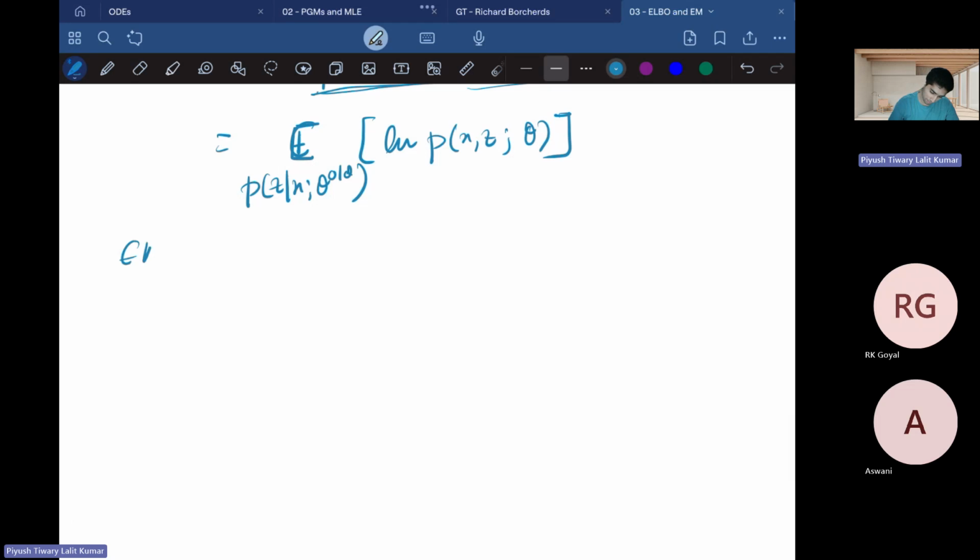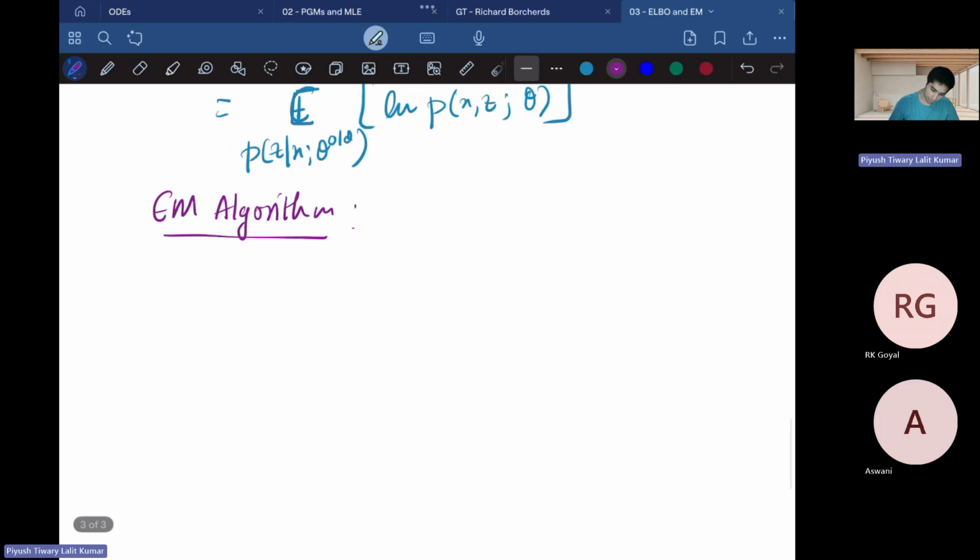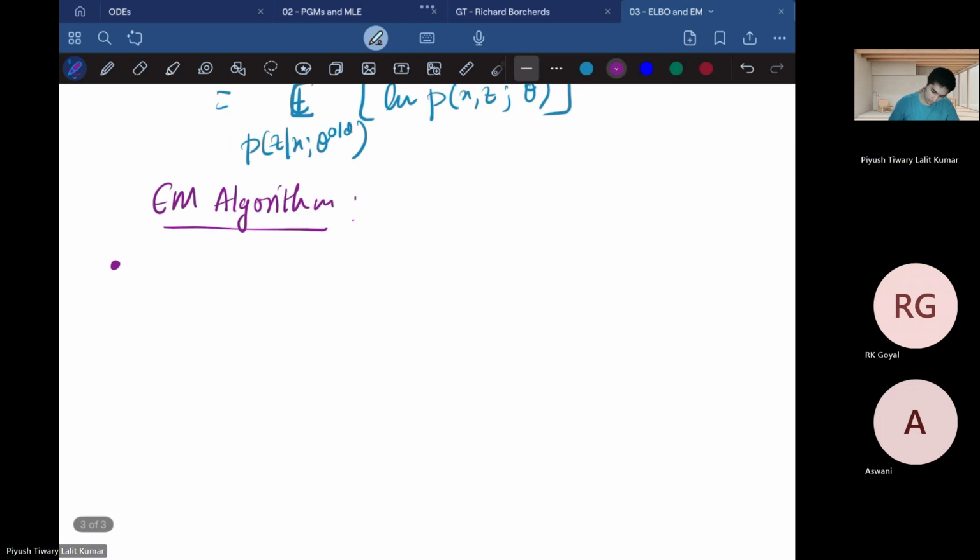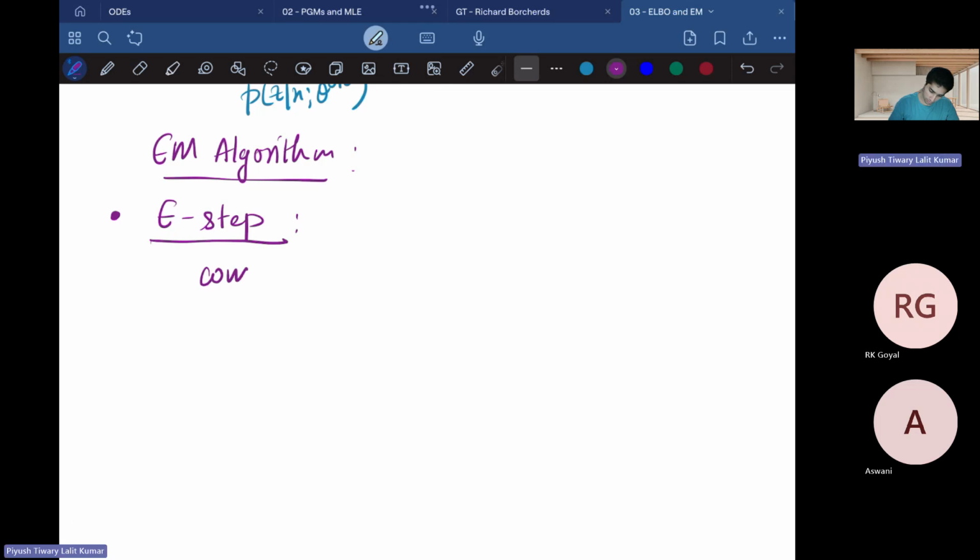So the EM algorithm is as follows. First and foremost, there is an E step. What is this E step doing? The E step says compute Q of Z, which is equal to P of Z given X, theta old.